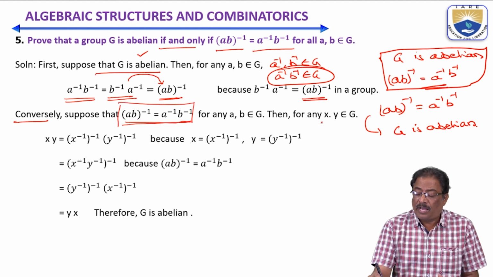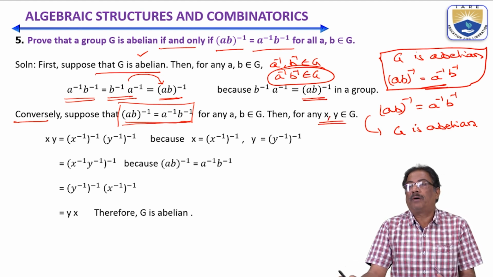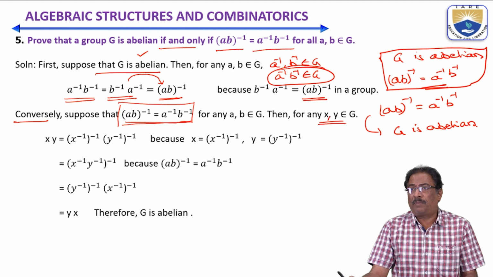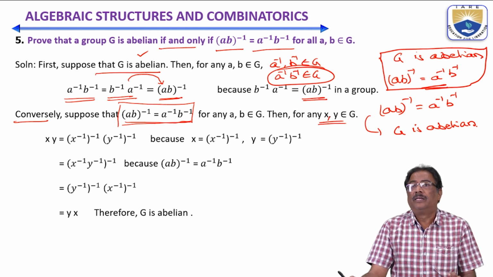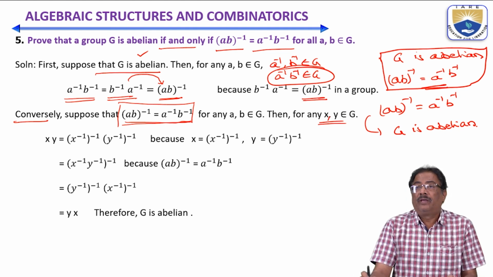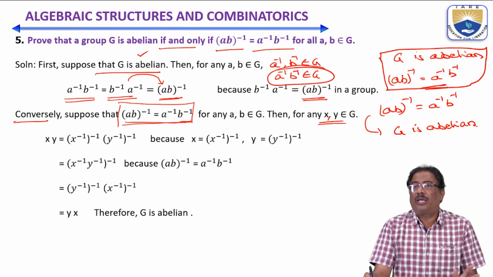Let us take x, y as any two elements belonging to G. Obviously, G is a group, so xy also belongs to G because it is closed.